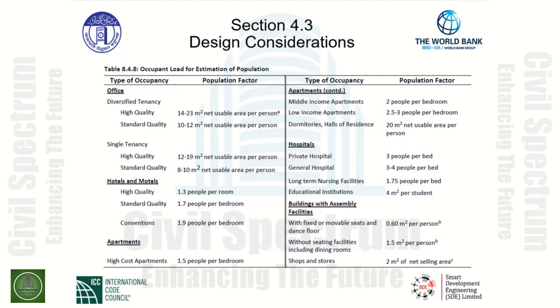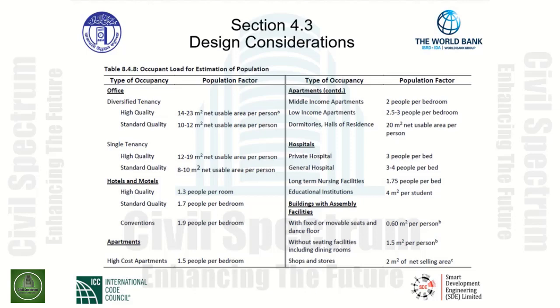If you are in the motels and hotels category, you are given a value of 1.3 people per room for high quality hotels and motels, 1.7 people per bedroom for standard quality, and 1.9 people per bedroom for conventions.